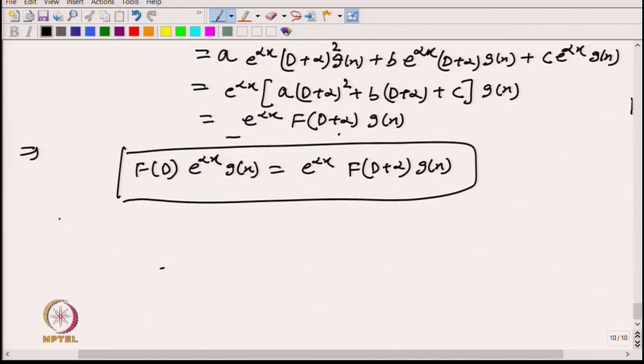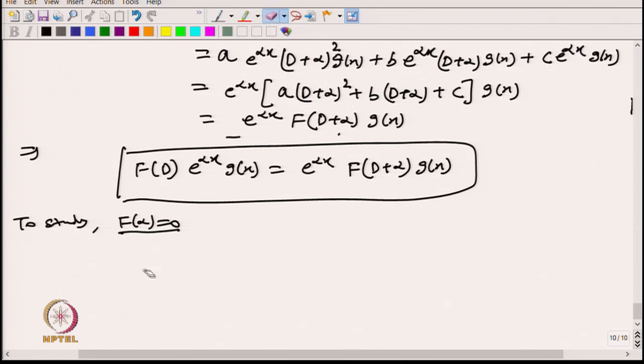Now, I will use this to study the case when f of alpha is equal to 0, because when f of alpha equals 0 I can apply the case we have just studied.